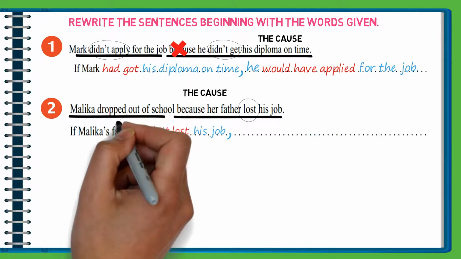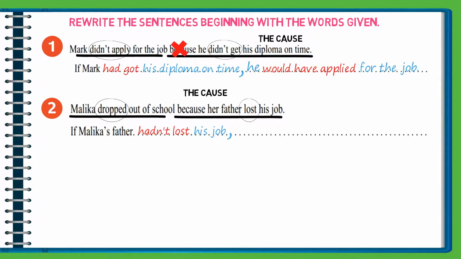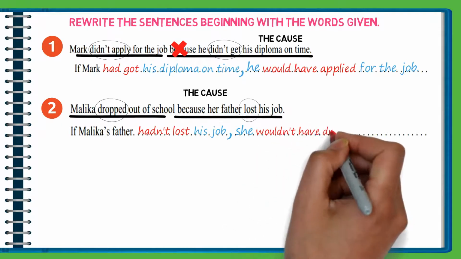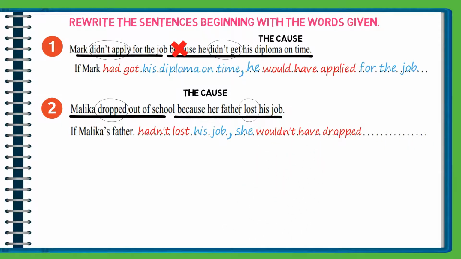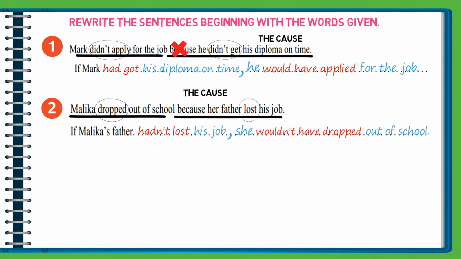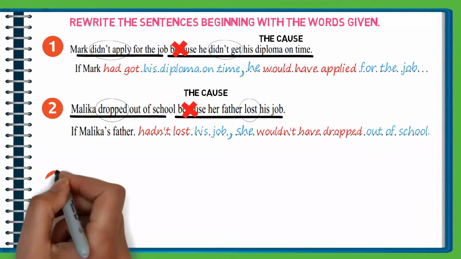The verb is drop out, and it is positive. We need to put it into the negative form. So we're going to say she wouldn't have dropped out of school. Okay, she wouldn't have dropped out of school. Very good. And then again, because is not used in the if sentence.